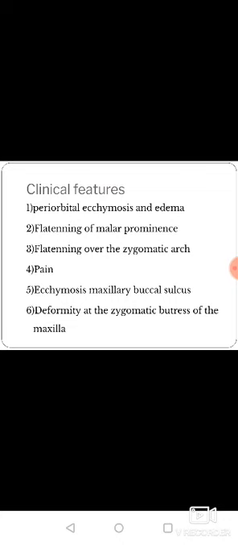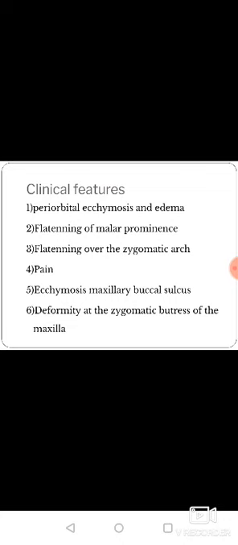So the moment there is a zygomatic arch fracture, there is an impingement of the coronoid onto the zygomatic bone. Once the zygomatic bone gets depressed, it impinges on the coronoid process, thereby restricting the movement of the coronoid. So when you ask the patient to open the mouth, he cannot open the mouth because there is a bone there restricting the movement of the coronoid, and the patient will end up with trismus.